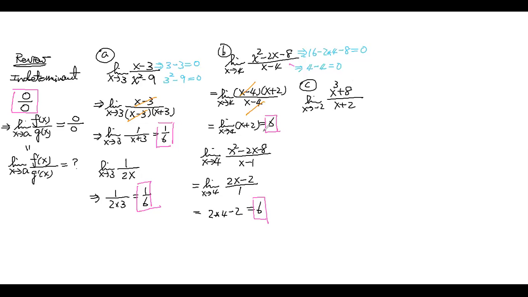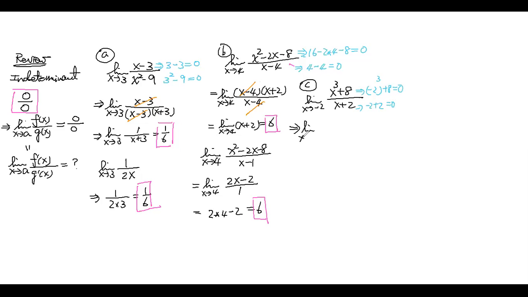But a lot of students don't remember how a cubed plus b cubed is factored, right? So what I see here is -2. So remember that. Let's check, right? This is -2 cubed plus 8, so it's -8 plus 8, which is 0. And this is -2 plus 2, which is 0. So I know I have 0 over 0.